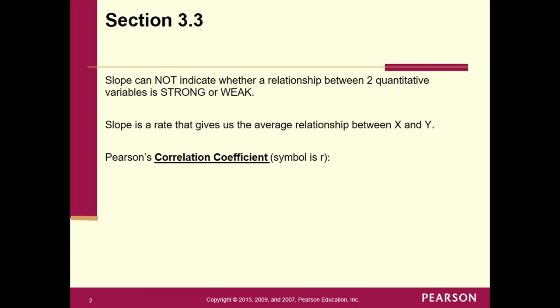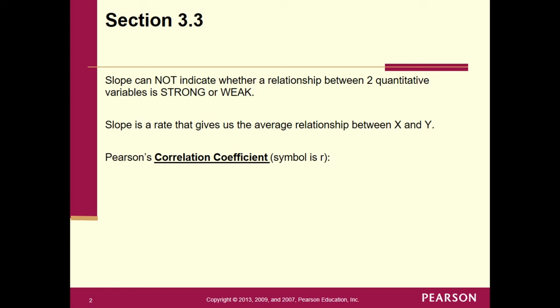I underline correlation coefficient because a lot of people just drop the word Pearson's. Pearson was the guy that came up with it, and he decided to put his name on the front of it. A lot of people just call it the correlation coefficient or even just correlation.